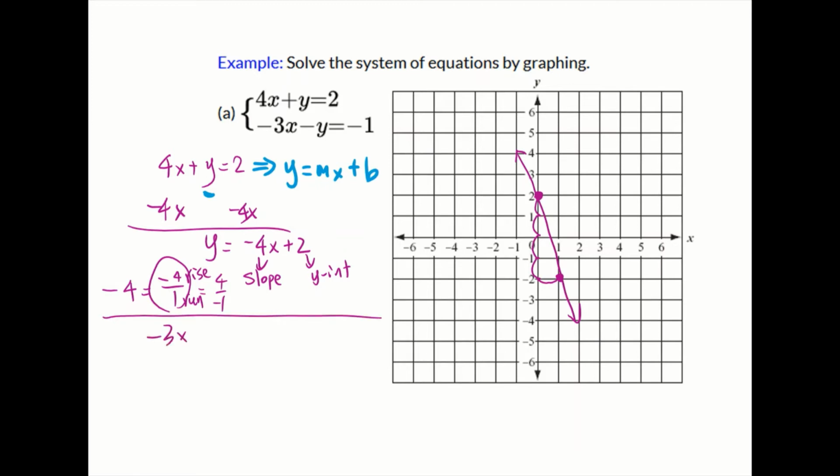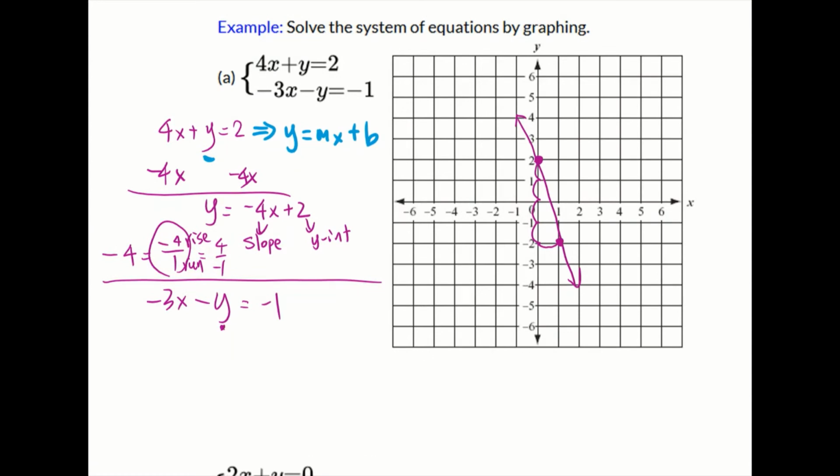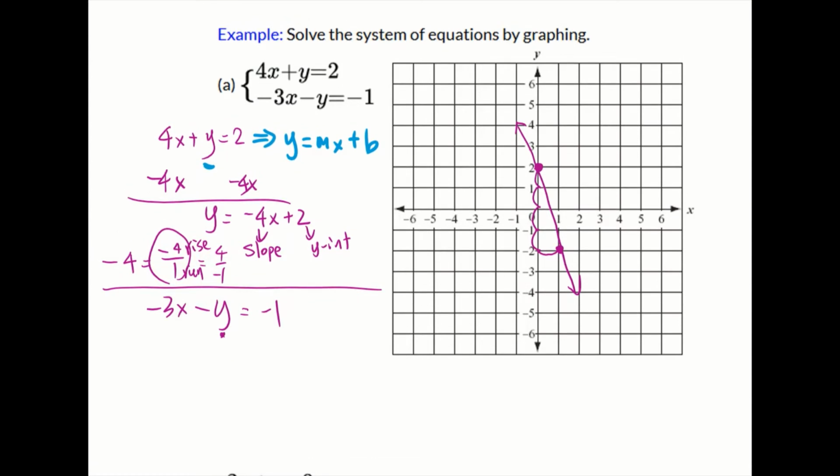Negative 3x minus y equals negative 1. Again, I'm going to leave the y by itself. So here I will first add 3x on both sides.